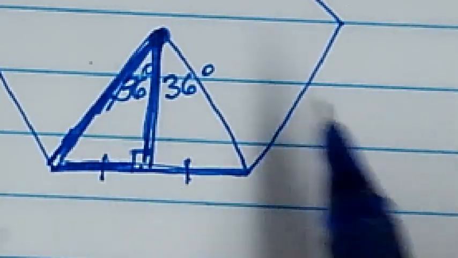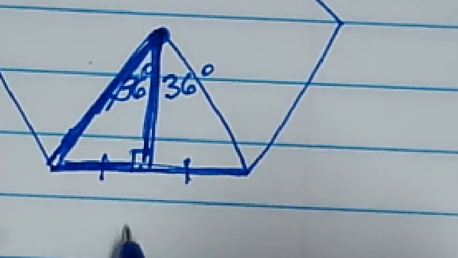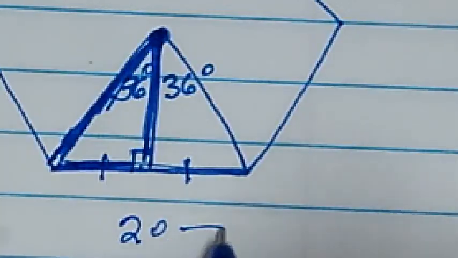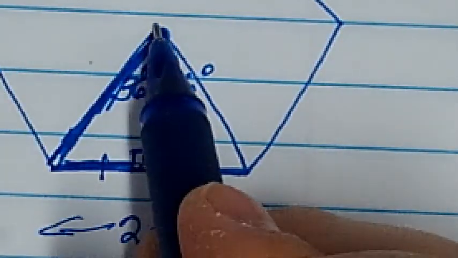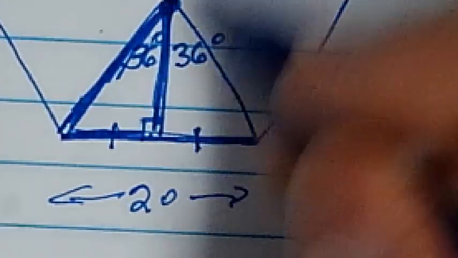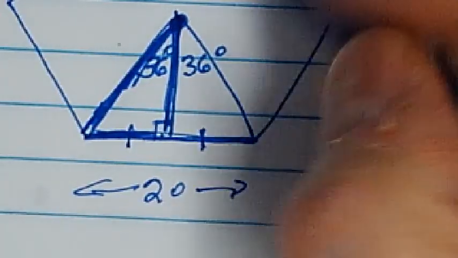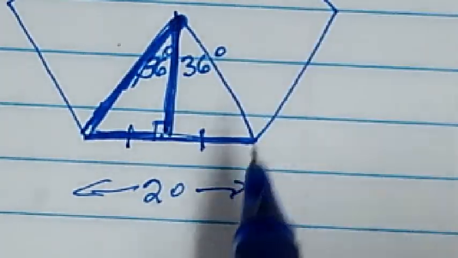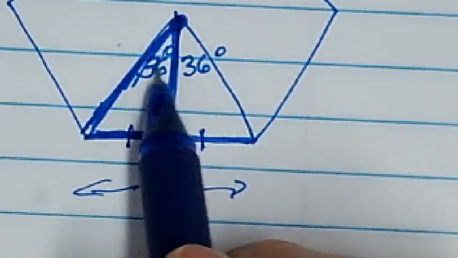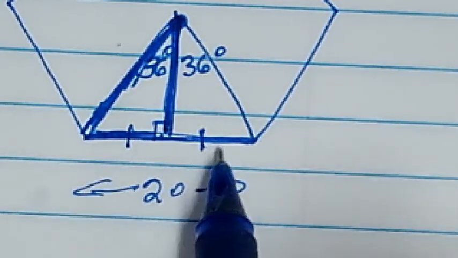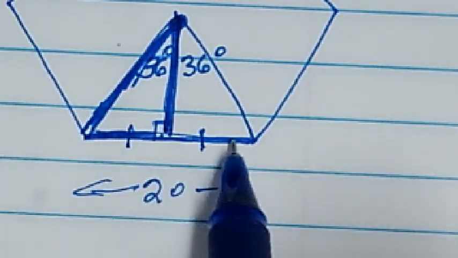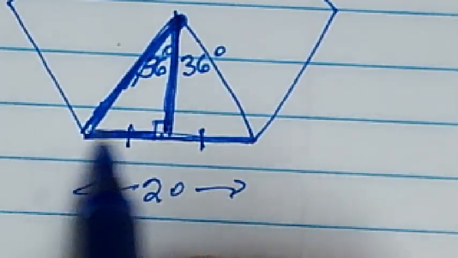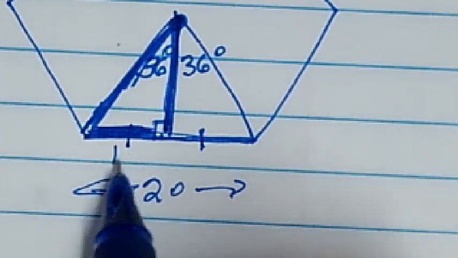I'm not saying it is, but just make believe this whole side was 20 from here to here. Once you draw in, let me zoom out. Once you draw in the apothem, the apothem bisects the central angle, but it also bisects this line segment. Supposing I told you this line segment was 20, guess what this piece is right here? You guessed it, that's 10.